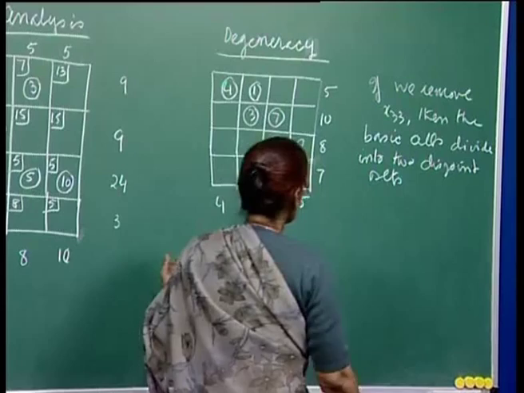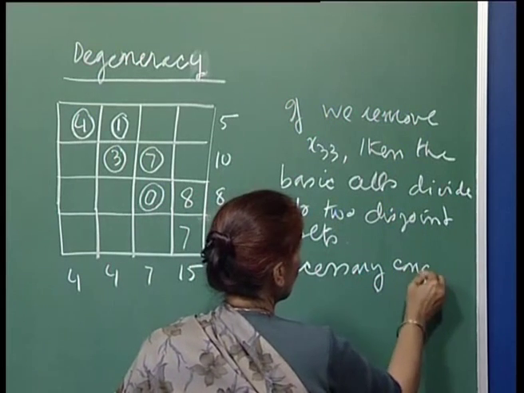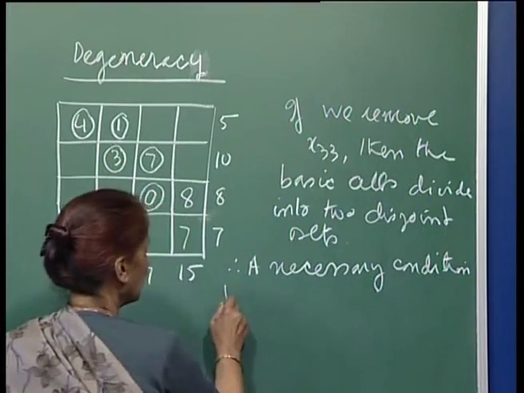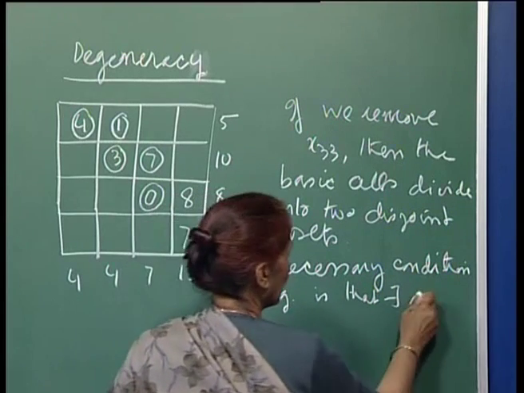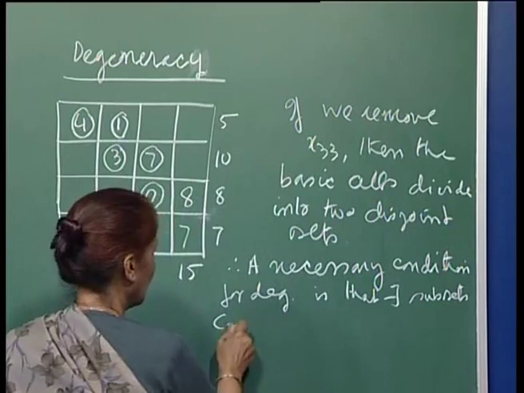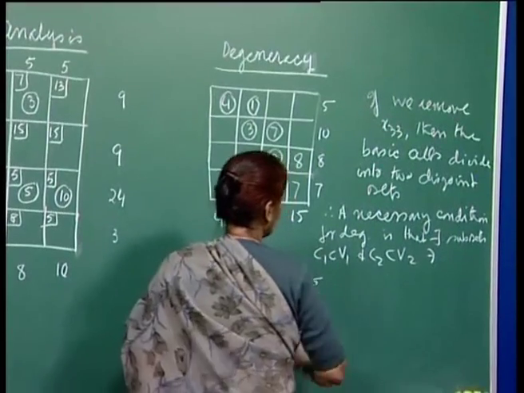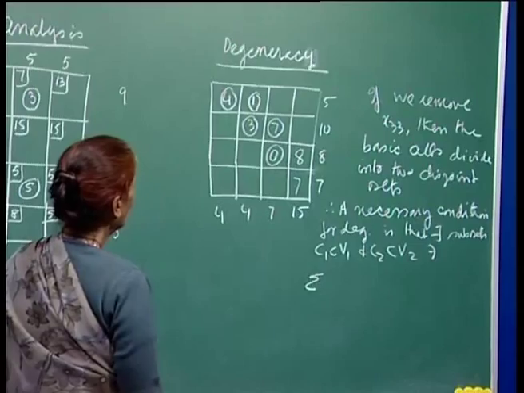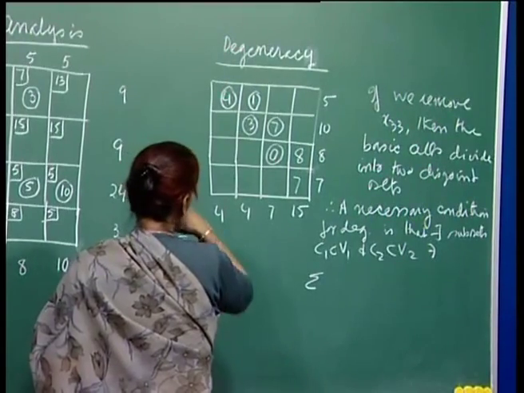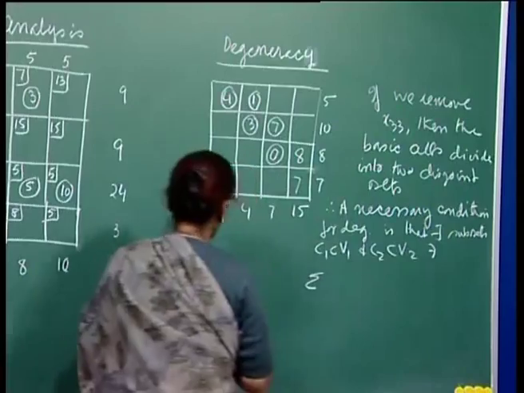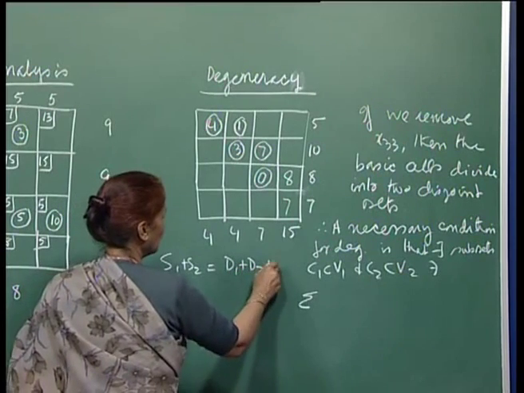So here that means we say that a necessary condition for degeneracy is that there exist subsets C1 of V1 and C2 of V2 such that, let me just write it not with a sigma sign, S1 plus S2 is equal to D1 plus D2 plus D3.